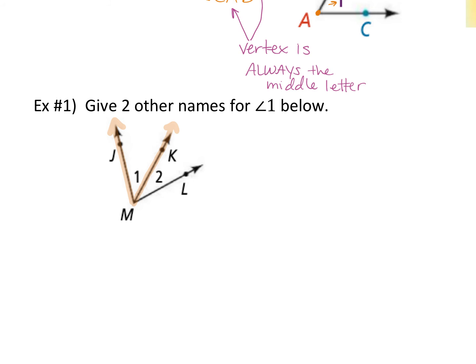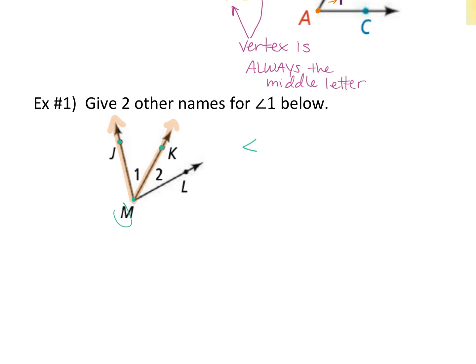Max, do you think you can give me one of the other ways? I want to know if you can name this angle for me. So if you have to use 3 letters, and we want our middle one to be M, KMJ. We're going to go back this way. We want the orange angle.